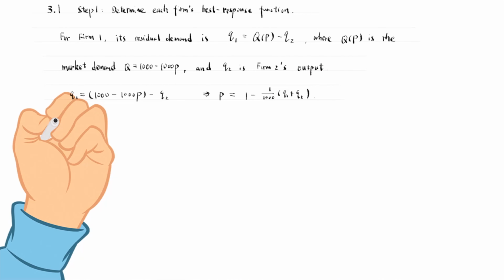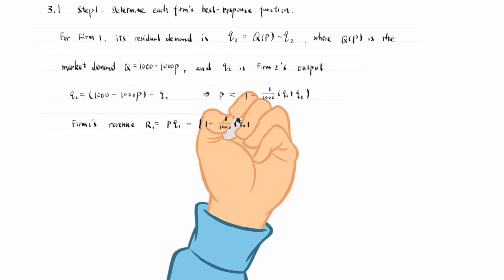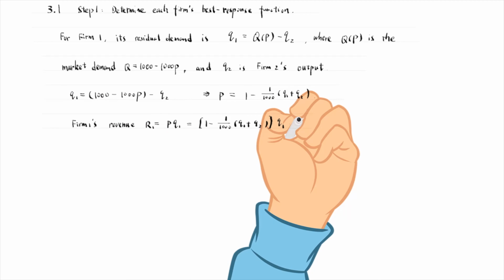We can write firm 1's revenue function in terms of Q1 and Q2. Firm 1 operates as a monopoly with respect to the consumers who purchase its products. That is, firm 1 can think of itself as having a monopoly with respect to its residual demand curve. So, we can solve for its output as if it were a monopoly.